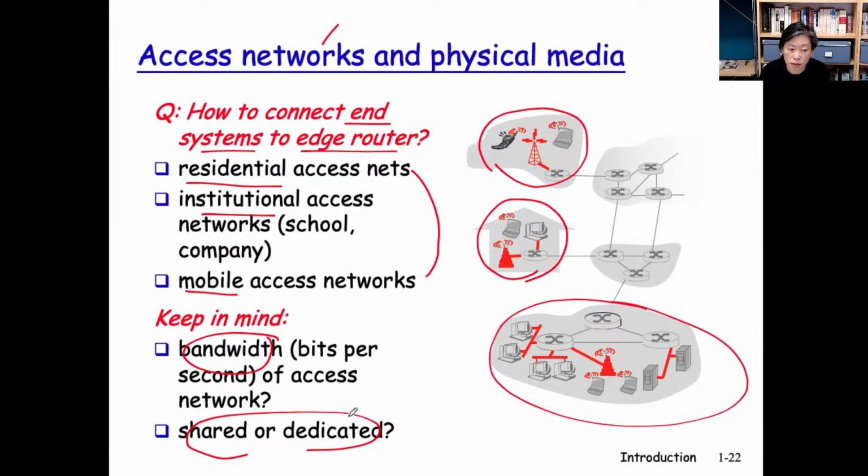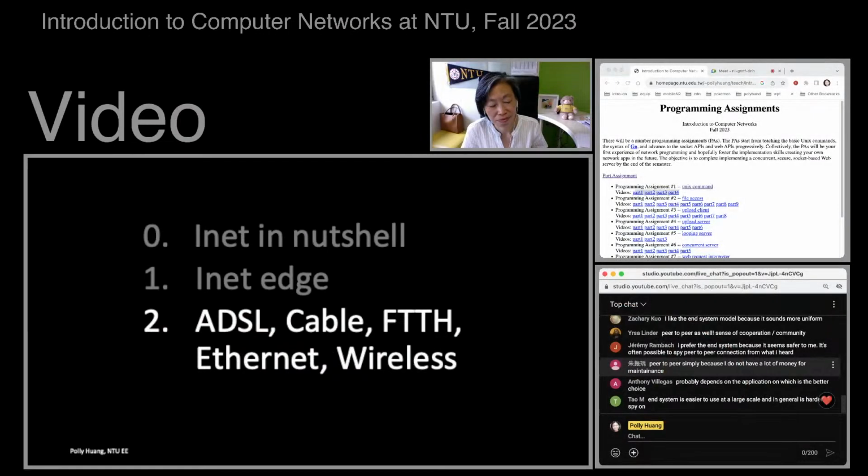But some technologies offer big bandwidth, and that access net will allocate a specific amount to each of the users. So each of the users will be guaranteed a specific amount, which is dedicated. And if there are more users, none of the existing users will suffer. All right, good. So that was an overview of the access net.